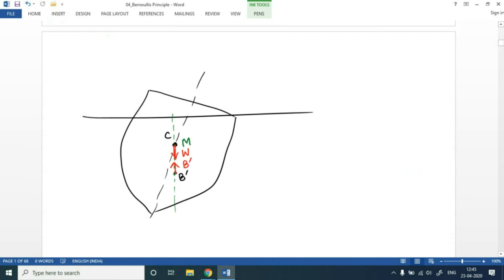In this situation, d theta is in the clockwise direction, but you can see there is no net torque. d tau is equal to 0. So clearly d tau by d theta is equal to 0. This gives us neutral equilibrium.